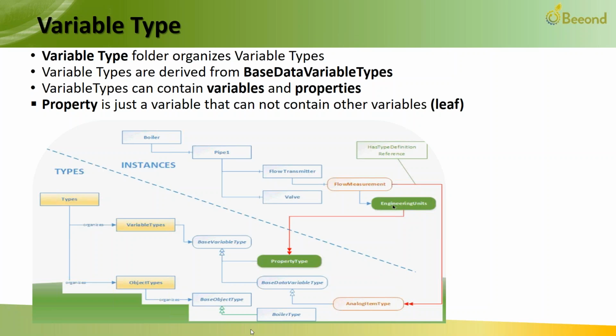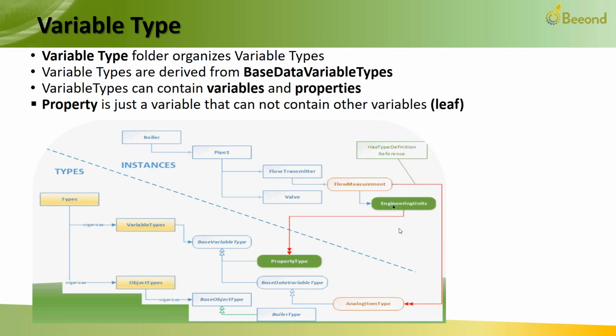You have the type definition at the bottom, and you have your boiler type that implements its own variables. In fact, the flow transmitter is probably the device that has a variable called flow measurement. The flow measurement is probably a float, and it's of type AnalogItemType. It's a complex type. It's not just a number, but it also has a property that defines engineering units.